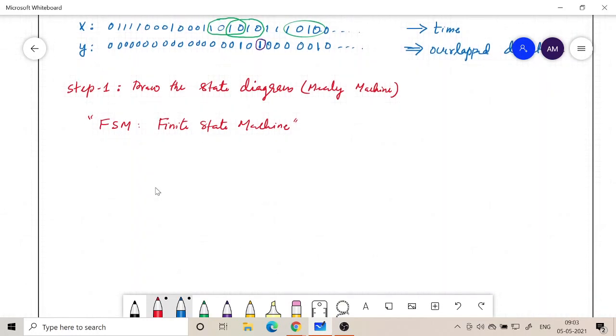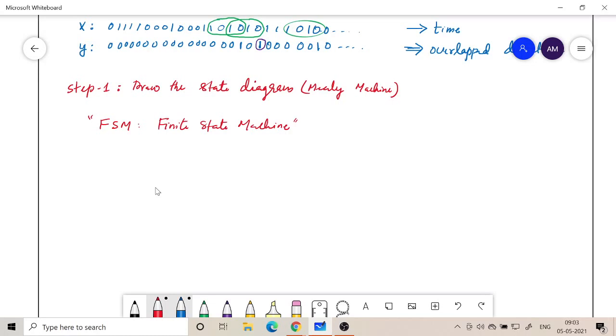So let's put in the finite states that we would require for designing a Mealy machine for detecting this 1010 sequence. First thing is that we have not yet started detecting any sequence. For example, the initial bit is 0. So we have not even made any progress in detecting the 4-bit sequence.